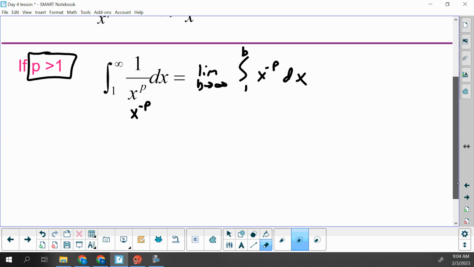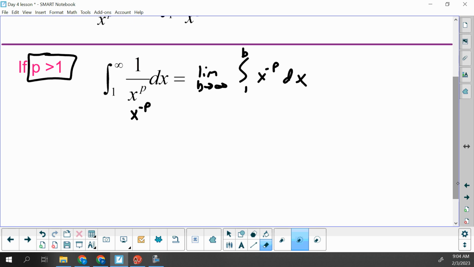This is going to be similar to one of the ones we saw in the homework. So we'll have limit as b approaches infinity of x to the negative p plus 1, times 1 over negative p plus 1, and we're going to have our bracket from 1 to b.